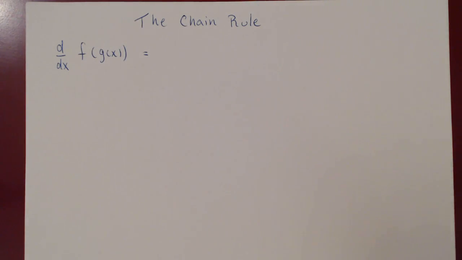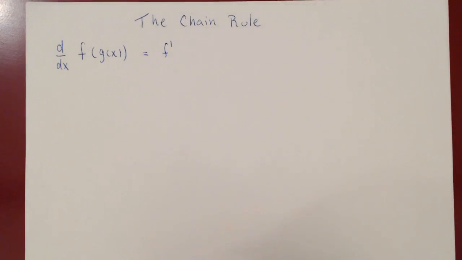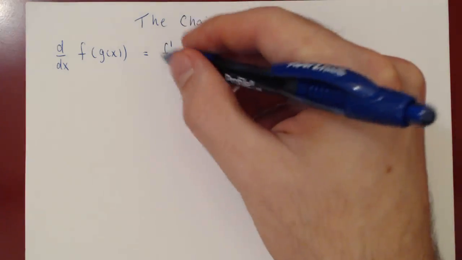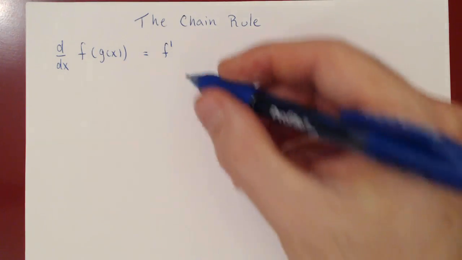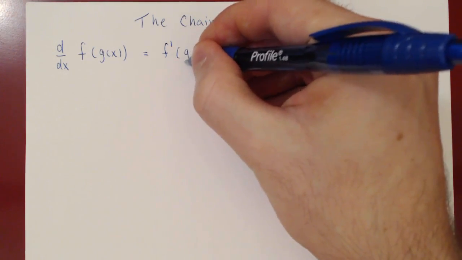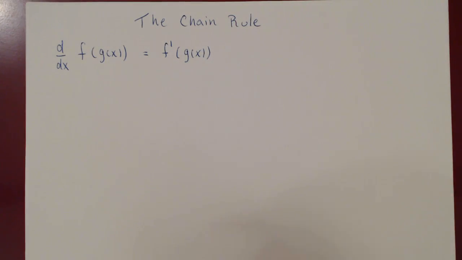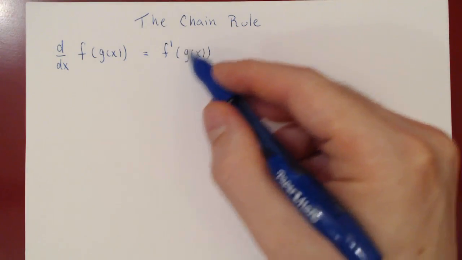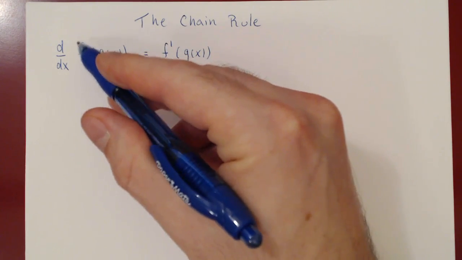So the chain rule says first differentiate the outside function. So f prime. And you take f prime, the derivative of the outside function, at g of x. That's the first step. And now, once that's completed, you forget the outside function.